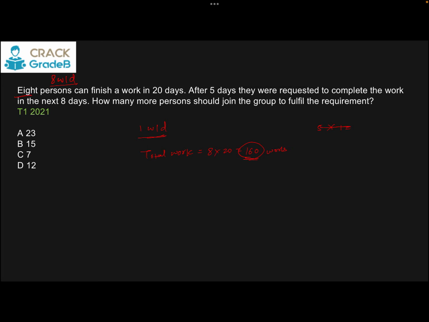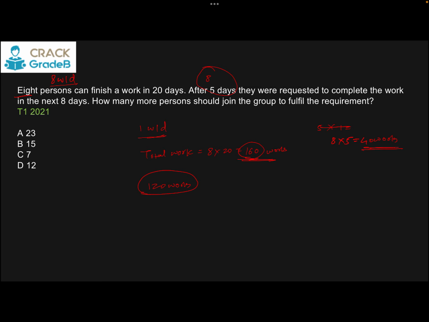There are 8 people, so they are doing 8 works per day, and they worked for 5 days. So they have done 8 into 5, that is 40 works already. So remaining works are 120, because out of 160, 40 works are already done.